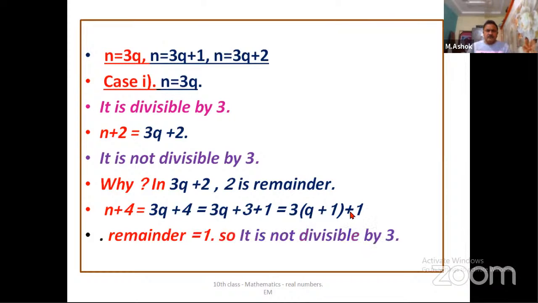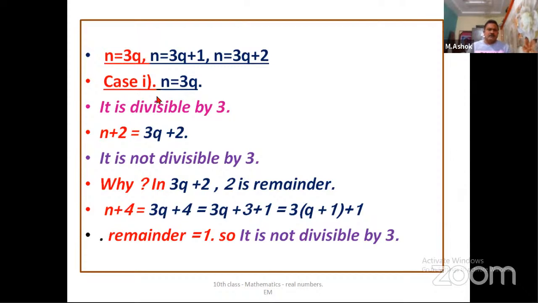Here also the remainder is 1, which means it is not divisible by 3. So out of these three situations, only n is divisible by 3. The remaining n plus 2 and n plus 4 are not divisible by 3.